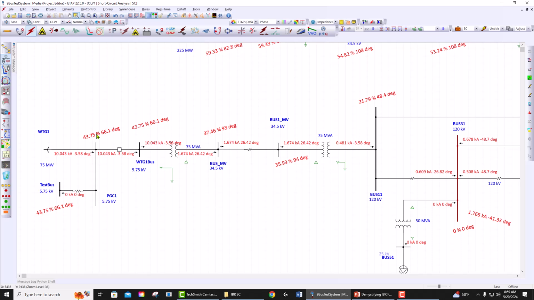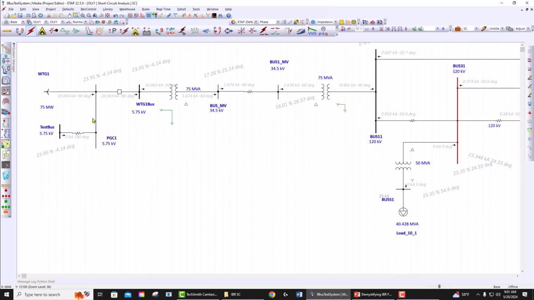So it means that I've not reached my current limit because of the reactive current, so I have some room to inject active power. This means that the angle difference between the voltage and current is not going to be 90 degrees. You see that this is 66 and this is minus 3.58. So I have around a 70 degree angle difference, which means that you're injecting some active power to the system.